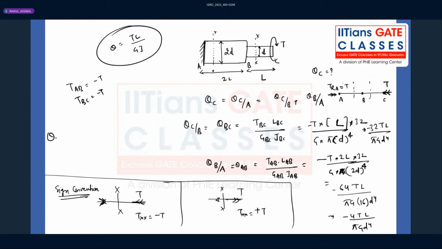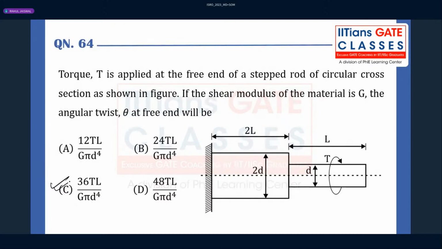So when you add this together, you will find minus 36 TL divided by pi G d power 4. If you want to find the magnitude only, 36 TL divided by pi G d power 4 will be the answer. C will be correct.